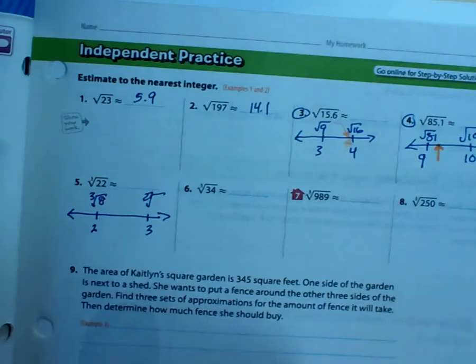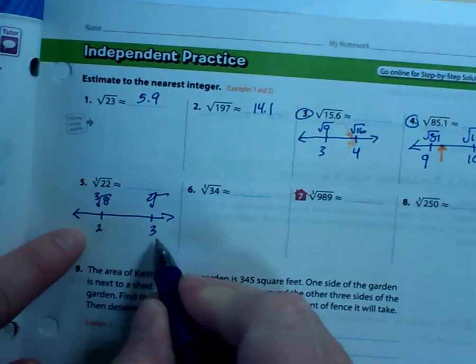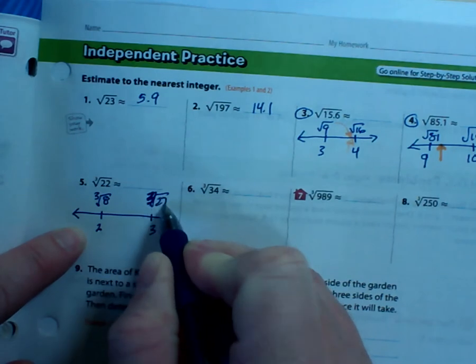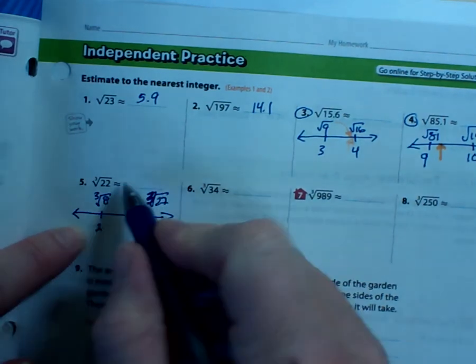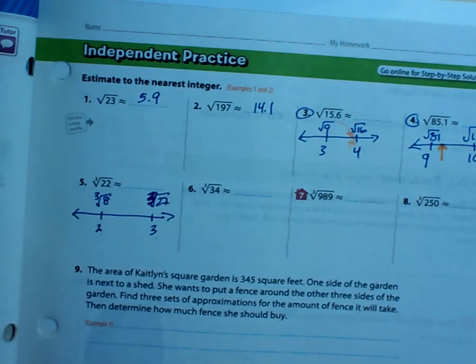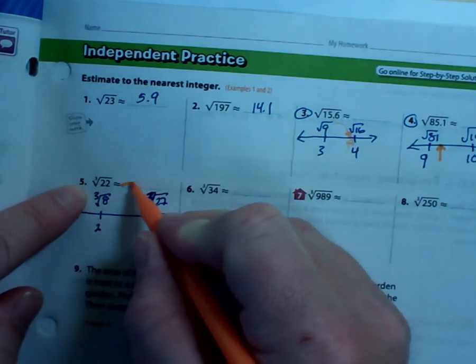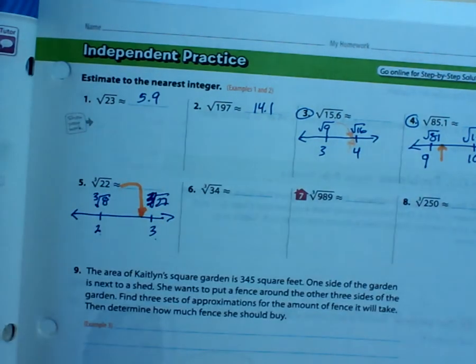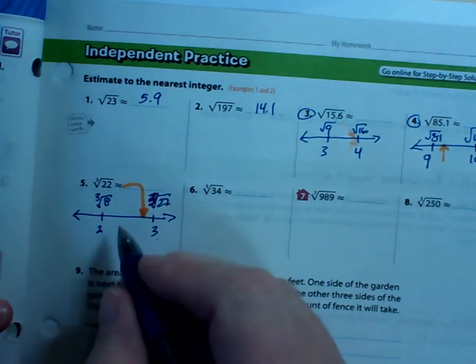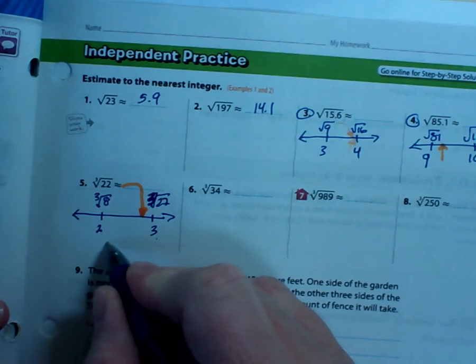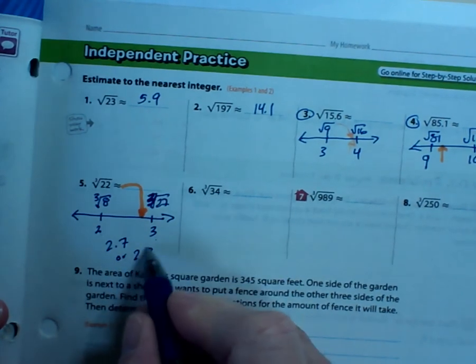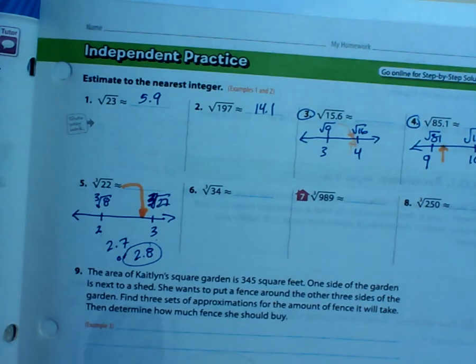So between 2 and 3, this radical, the cube root of 22, is going to be here. A good guess then would be 2.8 maybe, or 2.7. 2.7 or 2.8. Probably I would lean towards 2.8.